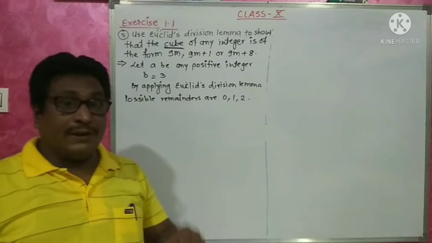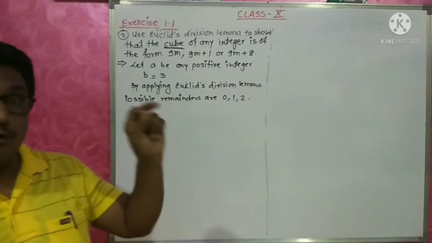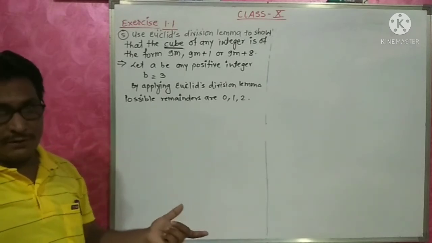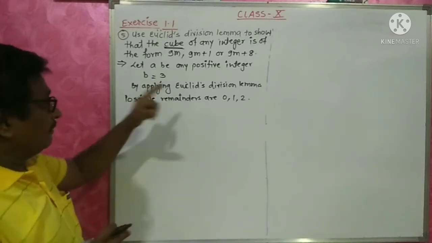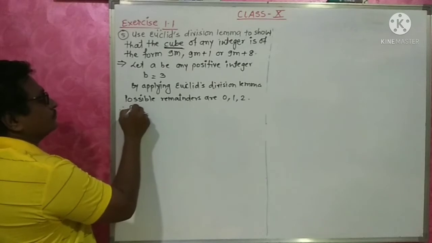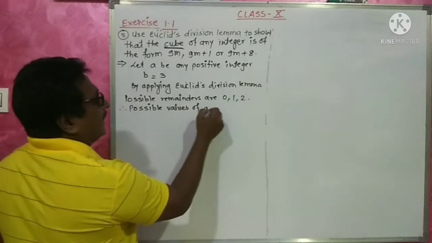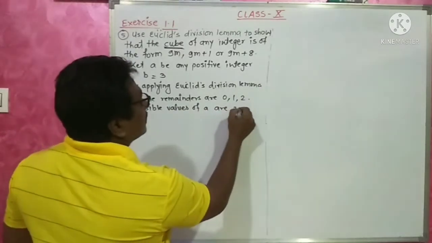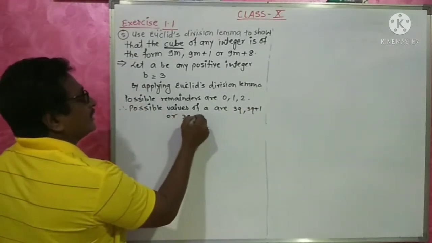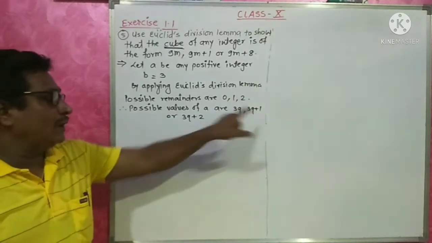If we take b as 9, then remainders 0 to 8 will come, and their cubes would be bigger numbers. So to avoid that confusion, we take b as 3. Therefore, possible values of a are 3q, 3q plus 1 or 3q plus 2, with remainders 0, 1, 2.